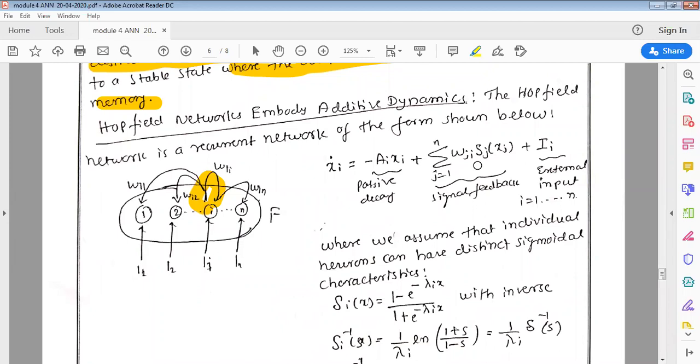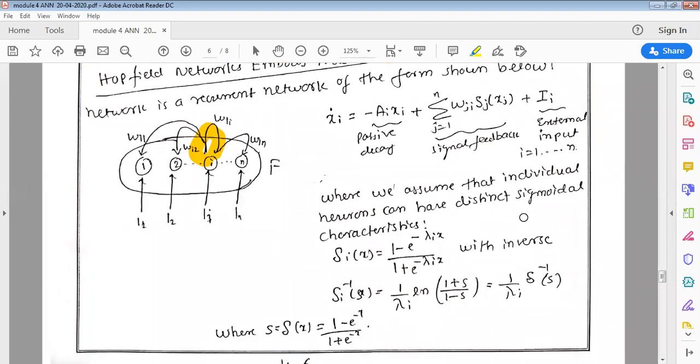So it is an n cross n structure. And sj of xj, that is whatever input is given, will be multiplied by a certain weight factor wij, and Ii is an external input. This output you are going to associate with some external input, where the individual neurons can have distinct sigmoidal characteristics.